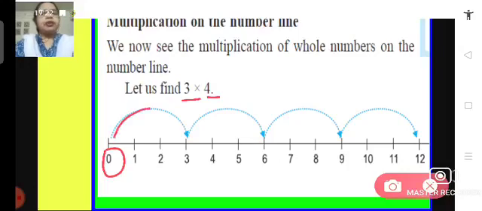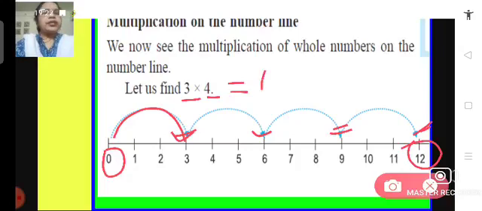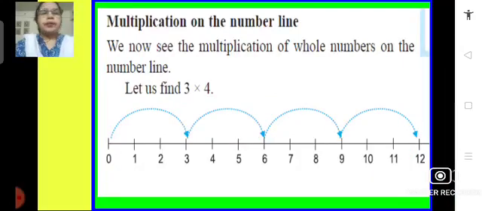That means at a time we move 3 units and make 4 such moves: 1, 2, 3, 4. And where do we reach? We reach 12. So 3 multiplied by 4 is 12. This is how we multiply the whole numbers on a number line.